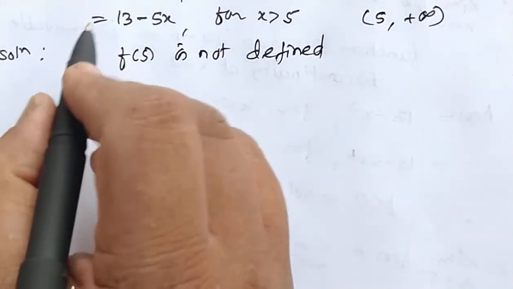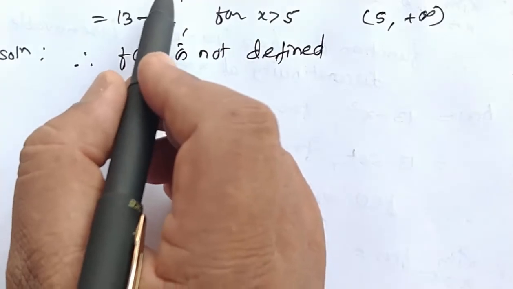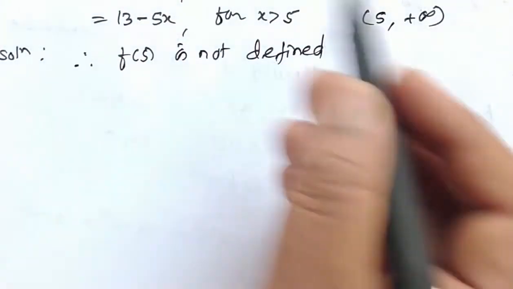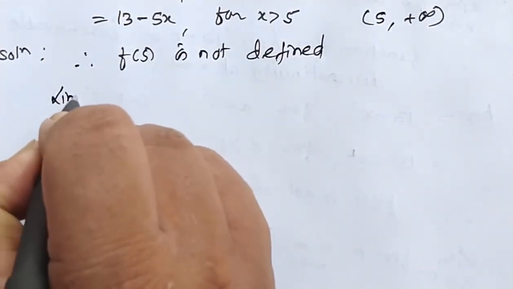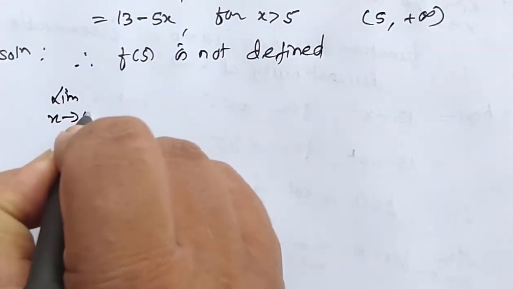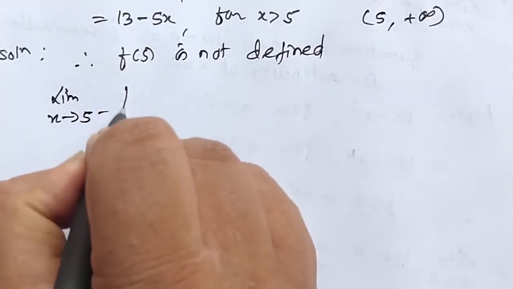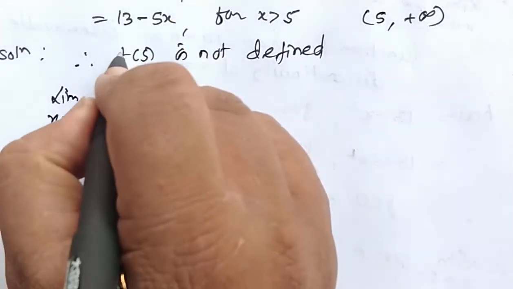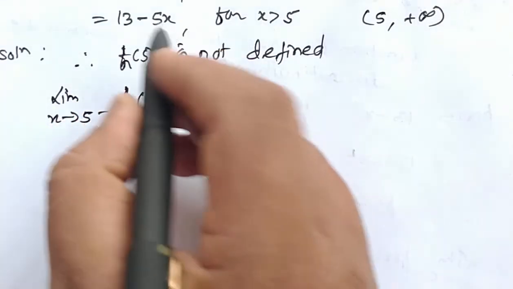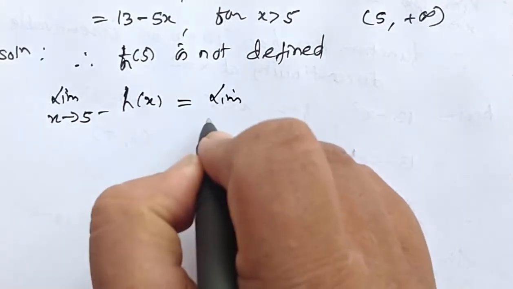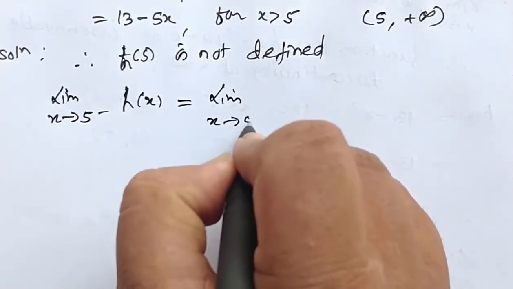First we consider left hand limit and then right hand limit. So left hand limit, x is tending to 5 minus h of x is equal to limit x tends to 5.